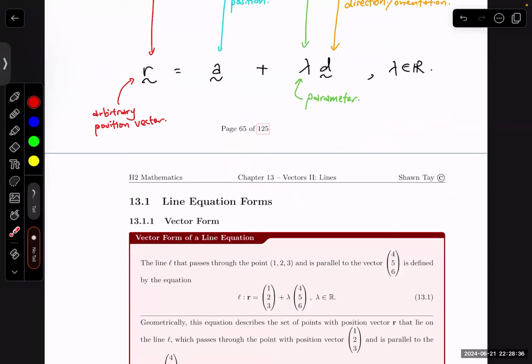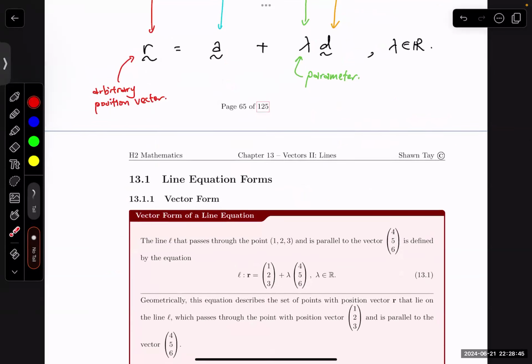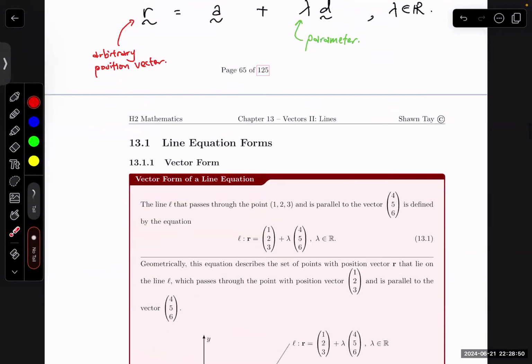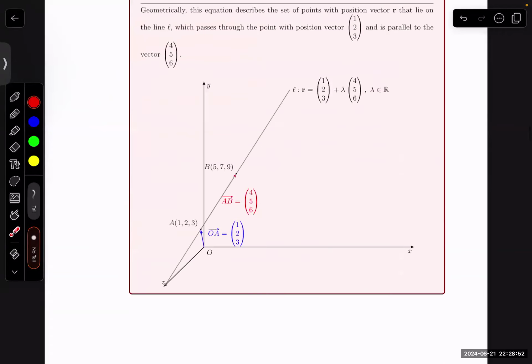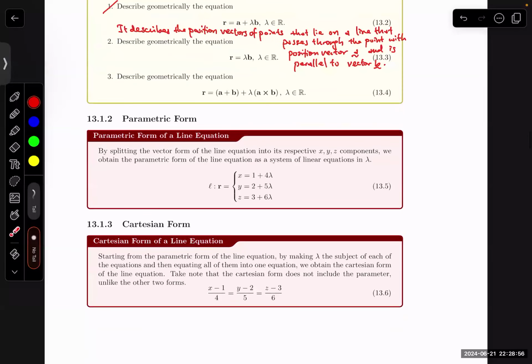Okay, it's called a vector form because we see a bunch of vectors. That's about it. Okay. The other two forms can easily be obtained from this equation. Okay, so the other two forms are called parametric form and Cartesian form.